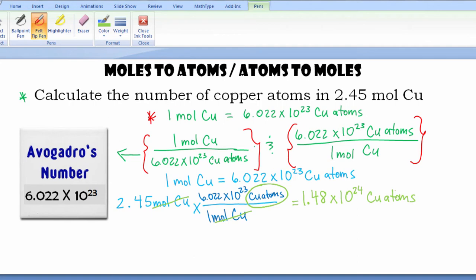So I've just gone from moles of copper to atoms of copper.